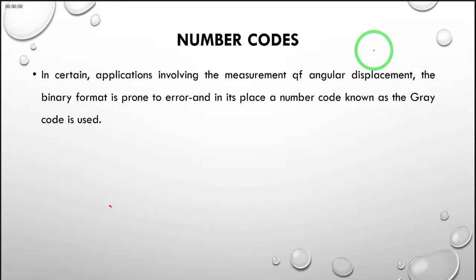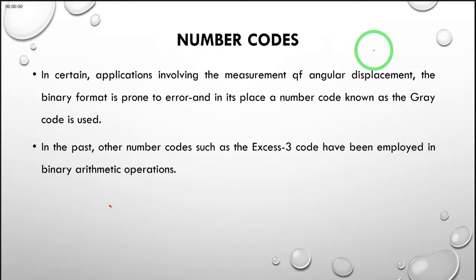So we'll be looking at the BCD codes, but there are other requirements that necessitate other forms of number codes beyond BCD. One of them involves measurements of angular displacement, in which case the binary format is error prone, and we use a different number code known as gray code.